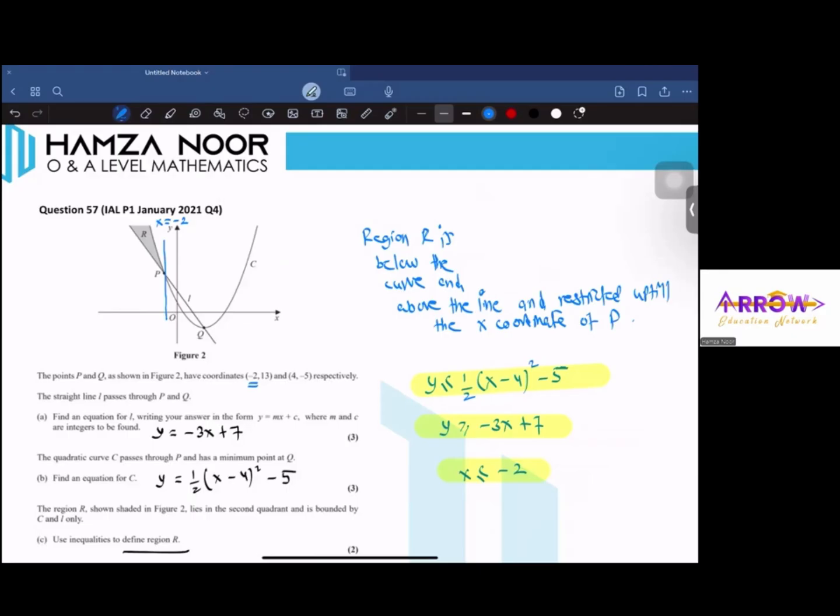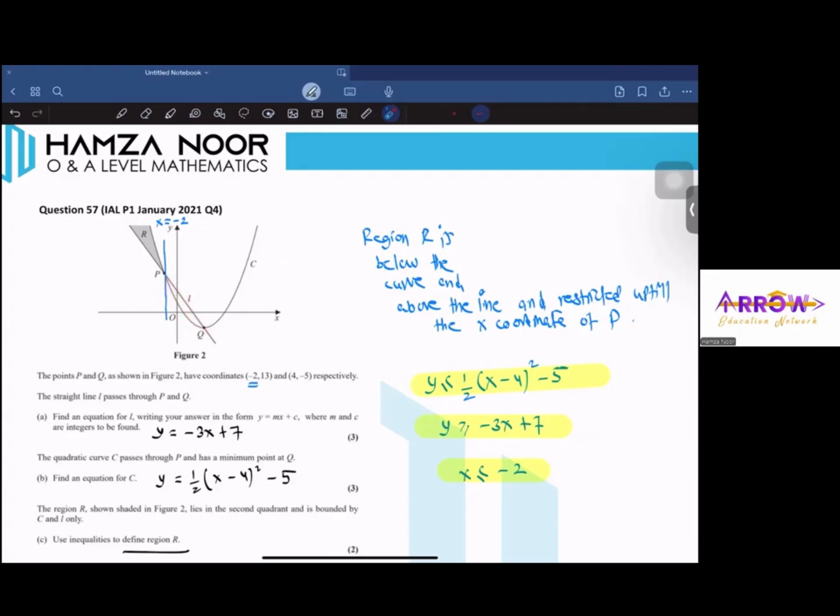Alternatively, you can restrict this up till the x coordinate of Q as well. Because when we are specifically saying that the region R is below the curve and above the line, obviously this region which is in between is not included, because this region in between is basically above the curve and below the line.